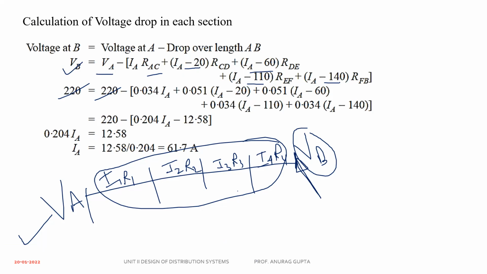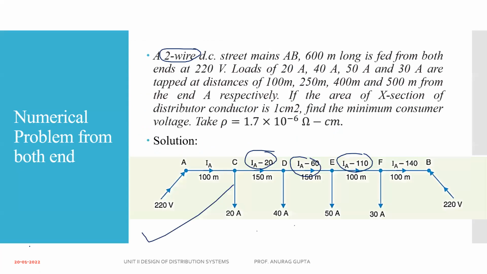Clear. So first of all, now you can see in the first portion I have already assumed the current. We have assumed the current in terms of an unknown quantity: IA minus 20, IA minus 60, IA minus 110, IA minus 140. So we have assumed current as per requirement.